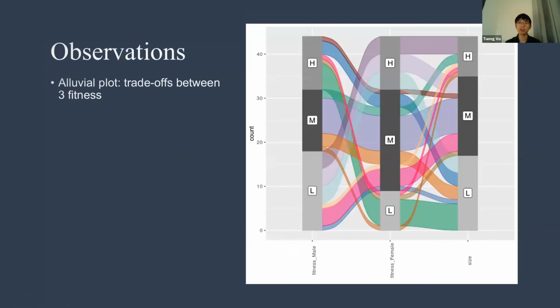So the observation is that if you look at the plot, there's always a trade-off between the three fitness measures. It's really hard to get both low male and low female. And I think the compromise way to do it is that medium male, medium female, and low complexity is a good compromise in this case.